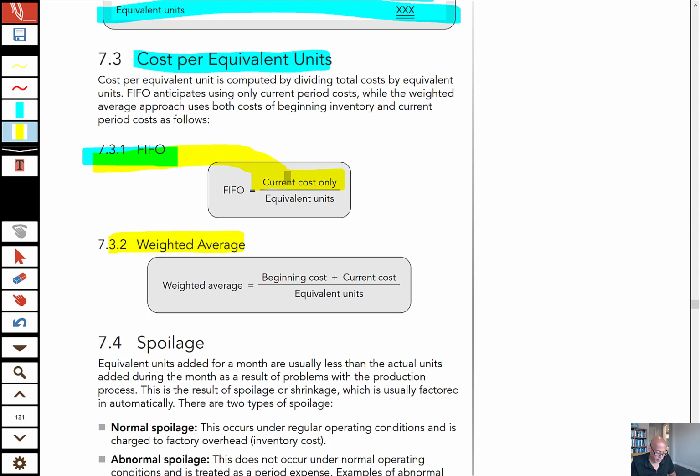For weighted average, since we gave ourselves credit for the stuff we had done in the previous period, as though we completed it this period, then we also take the costs that are in the beginning inventory.